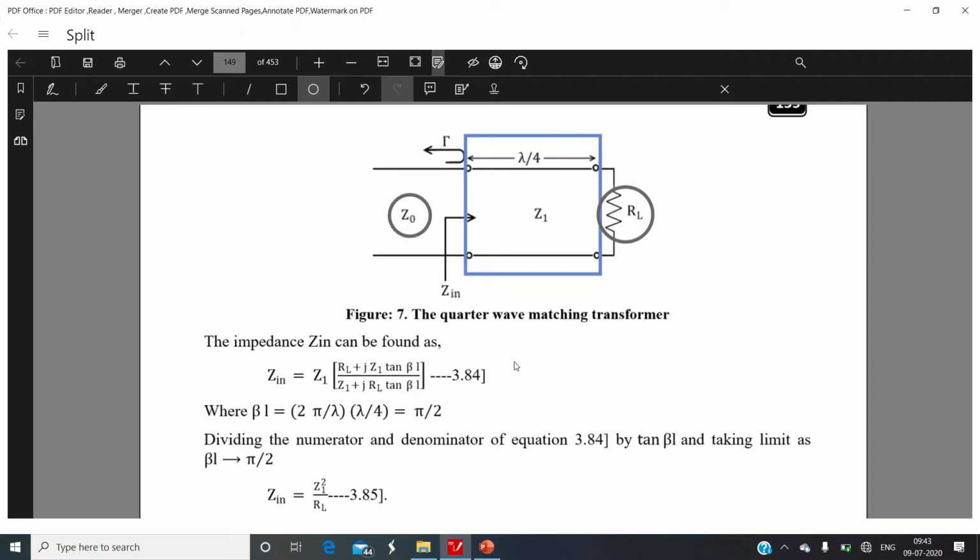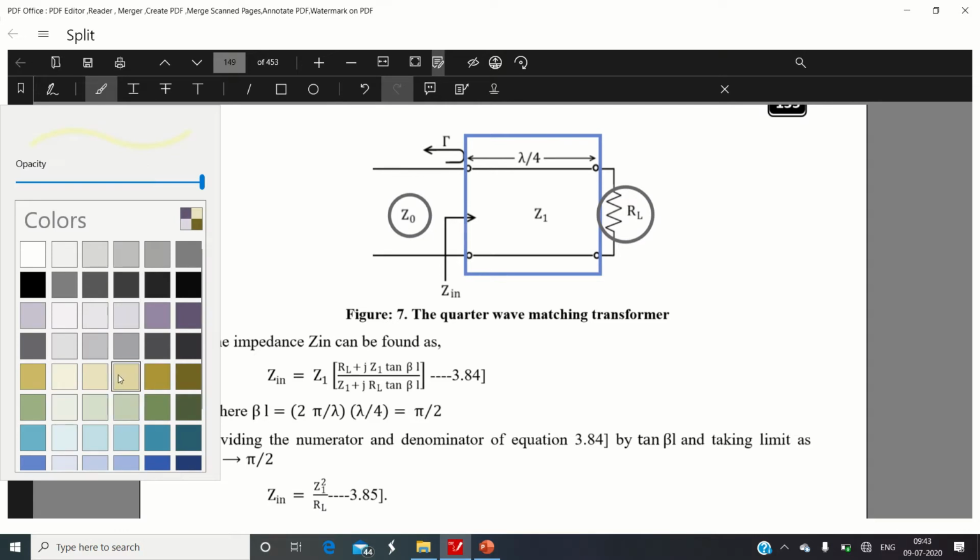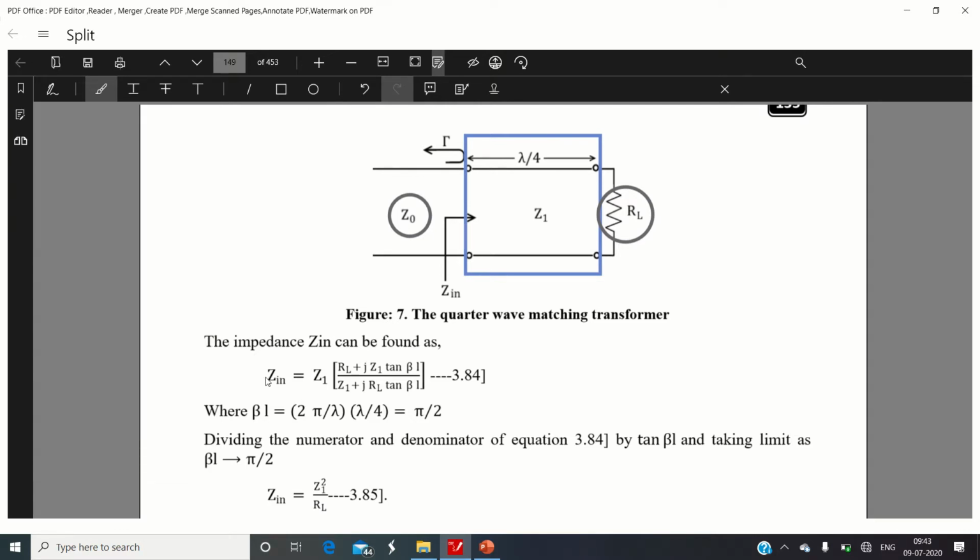From the theory of transmission lines, we already know that the input impedance, calculated by looking into the quarter wave transformer towards the load side, can be given with this equation.